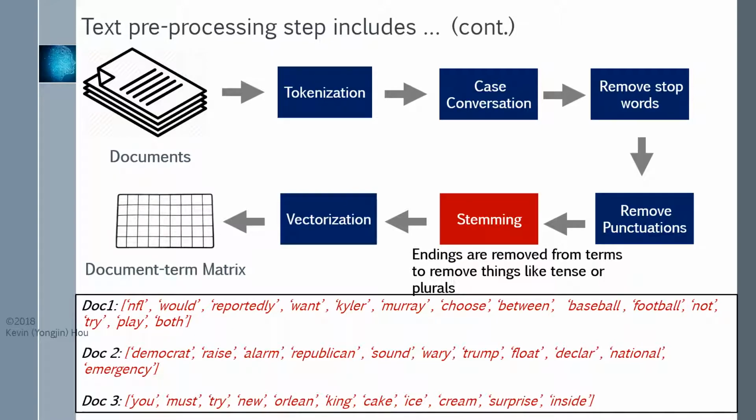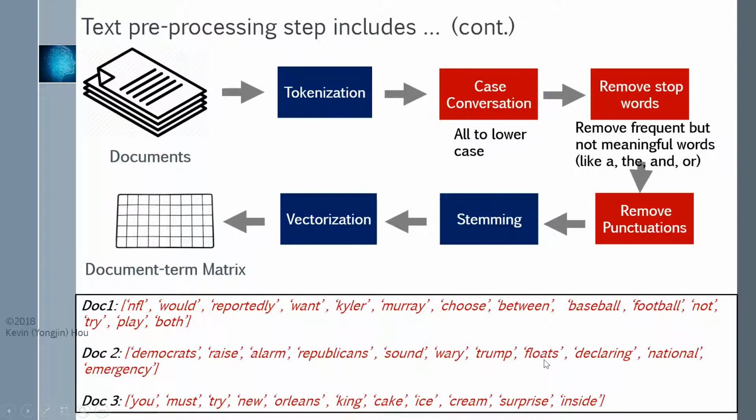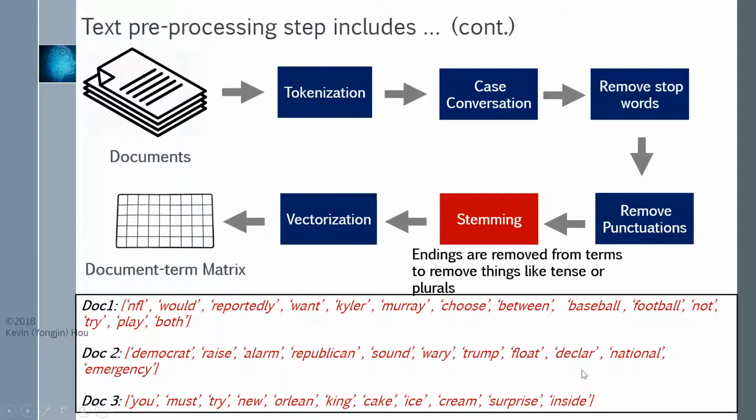And this is what we get. For instance, you may notice that this word was floats, and this was declaring. Since we're doing the stemming, now they just become float, and we also cut off what's at the end and it becomes this. This is what they are before, and this is what they are after.